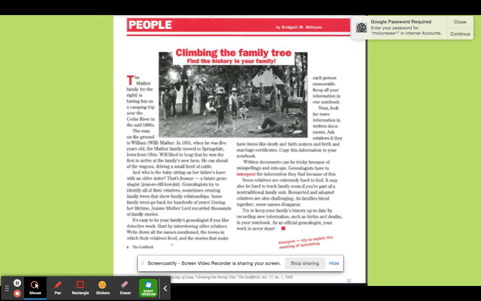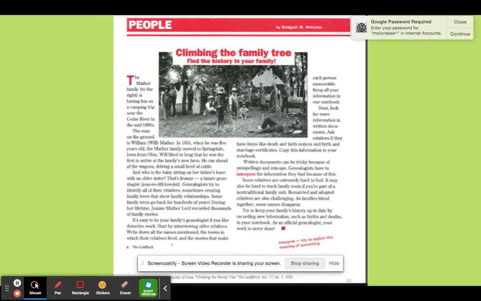It may also be hard to track family roots if you're part of a non traditional family unit. Remarried and adopted families are also challenging. As families blend together, some names disappear. Try to keep your family's history up to date by recording new information, such as birth and deaths, in your notebook. As an official genealogist, your work is never done.